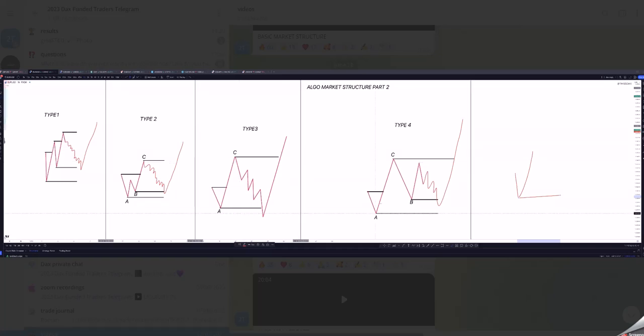Now what do we have here? Price is bullish, right? We have this break. That means this is our A. So we only have A to C in this scenario. Okay, I think we have B here. The price took out the B, you can see this.